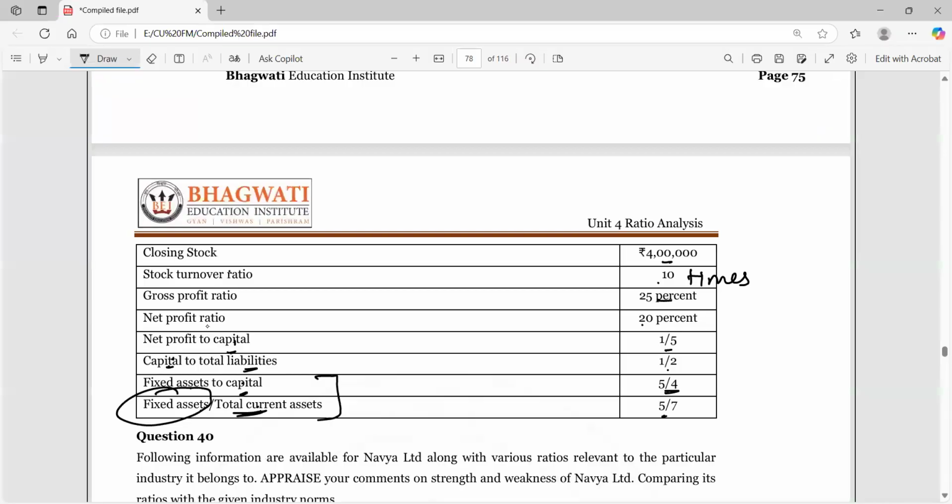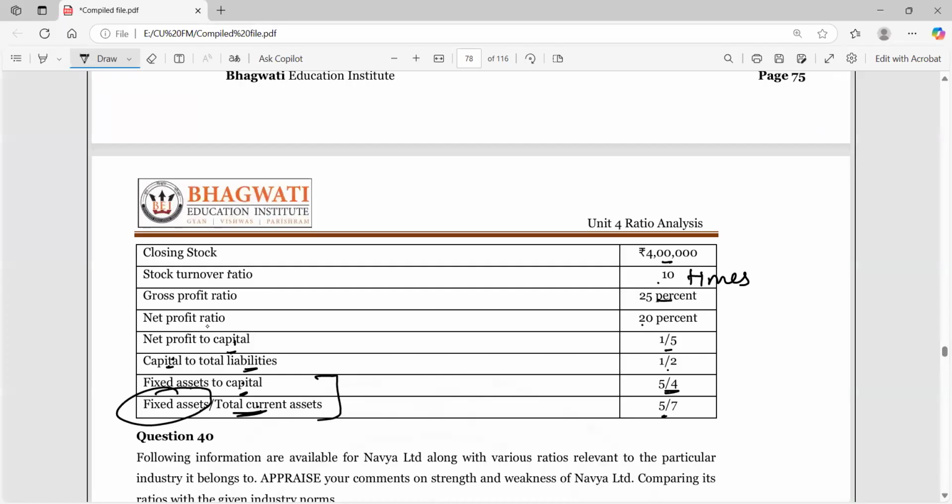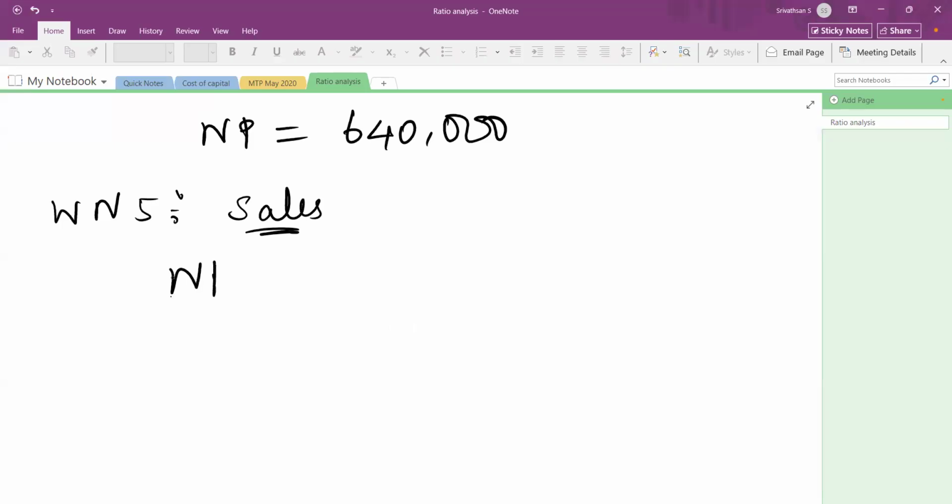Now listen. What could be the next step that you can calculate? Net profit ratio is there. With this, what you can calculate? Sales. So working note number 5, sales. So net profit by sales is 20% given.